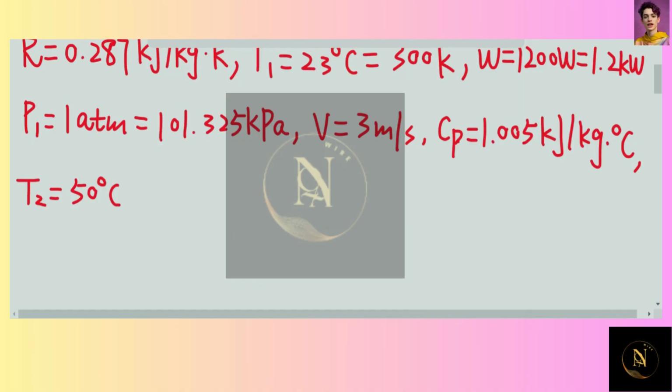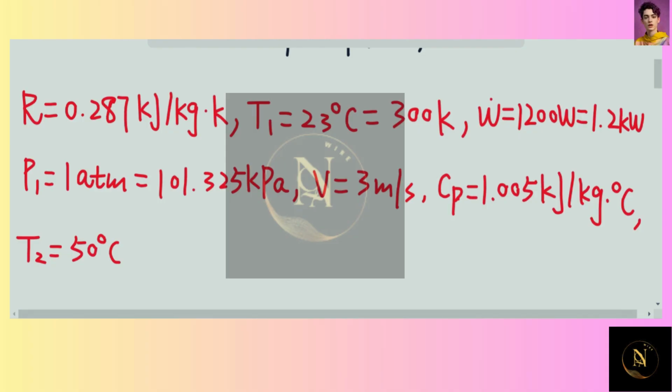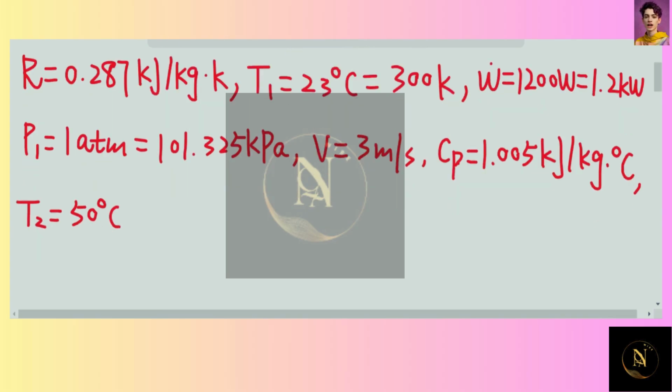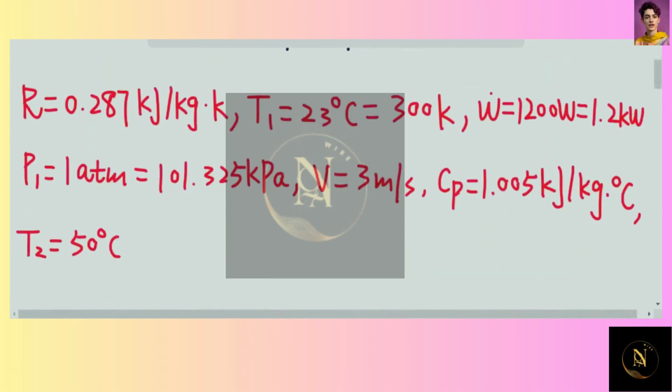And we know it should not exceed a velocity of 3 meters per second. So therefore, let's say that the velocity in this case is 3 meters per second. And we know the specific heat for air at constant pressure is 1.005 kilojoule per kilogram-degree Celsius, and the final, or maximum, temperature should be equal to 50 degrees Celsius.